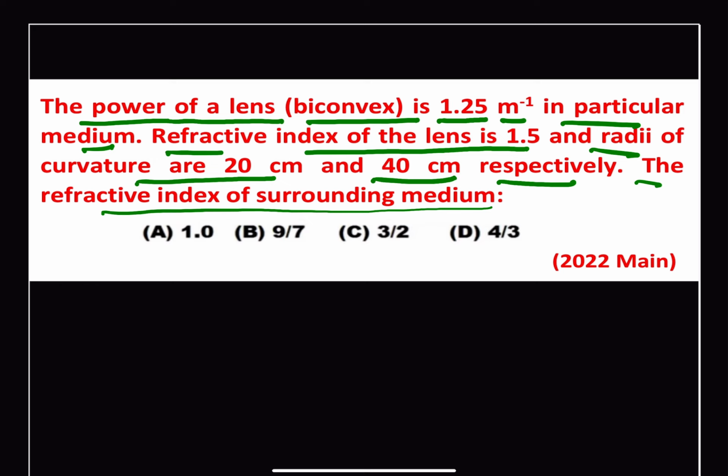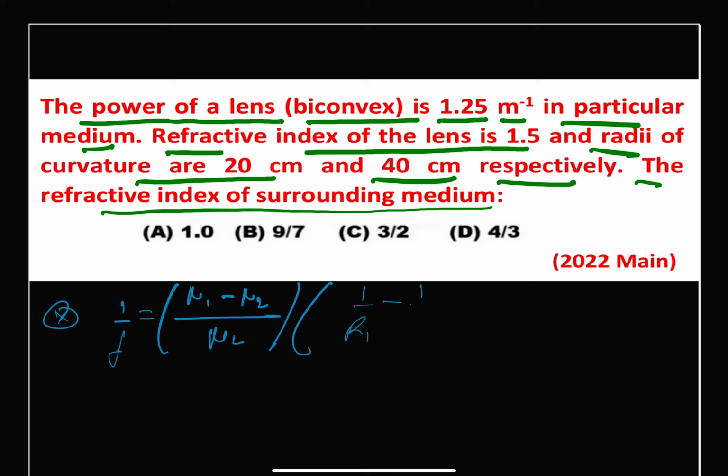And we are given the power. Okay, so we can use the formula which is 1 upon f is equal to mu1 minus mu2 divided by mu2 into 1 upon r1 minus 1 upon r2.